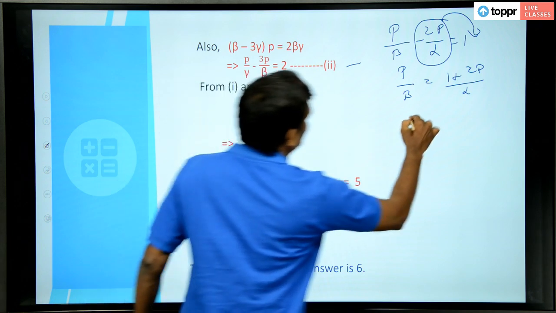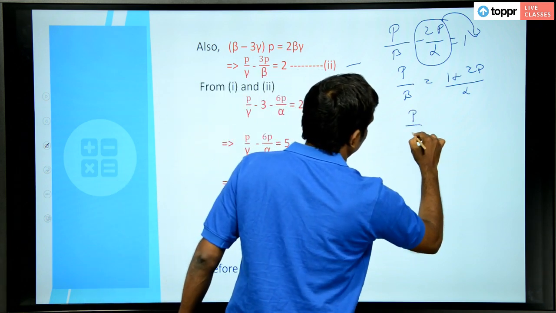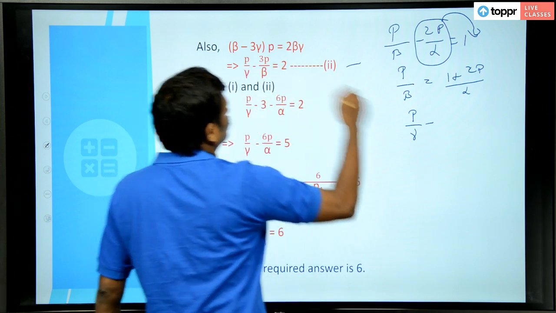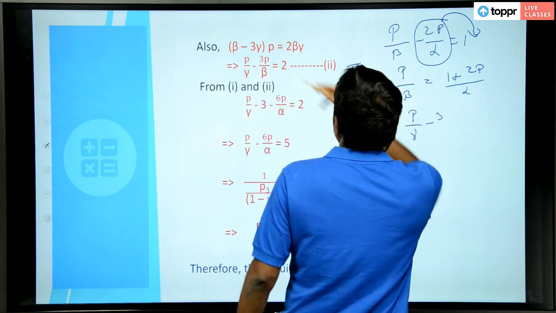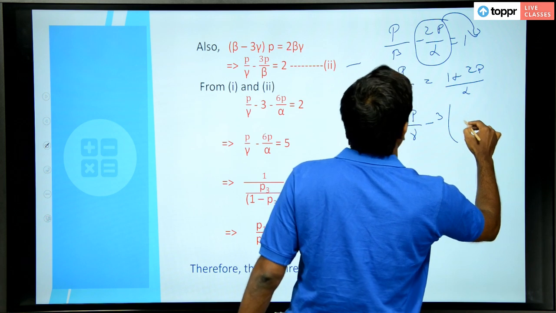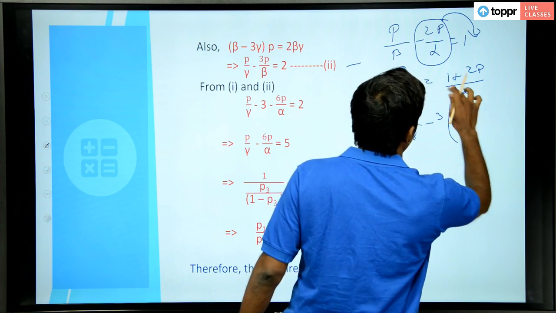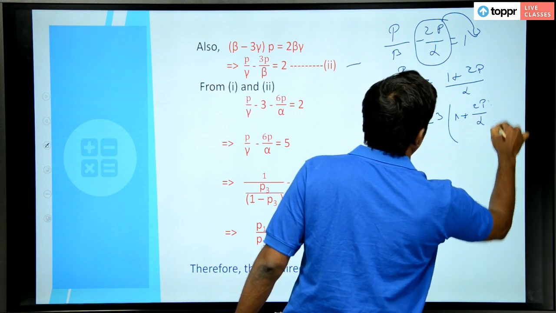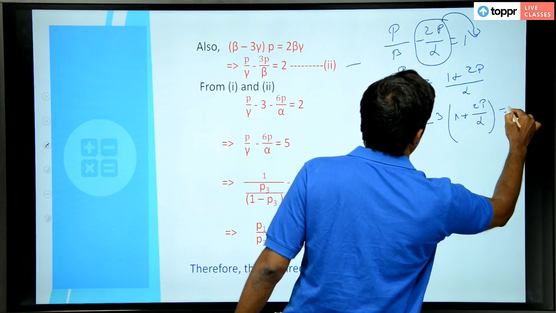So P by gamma minus 3 times P by beta is 1 plus 2P by alpha. This value is equal to 2.